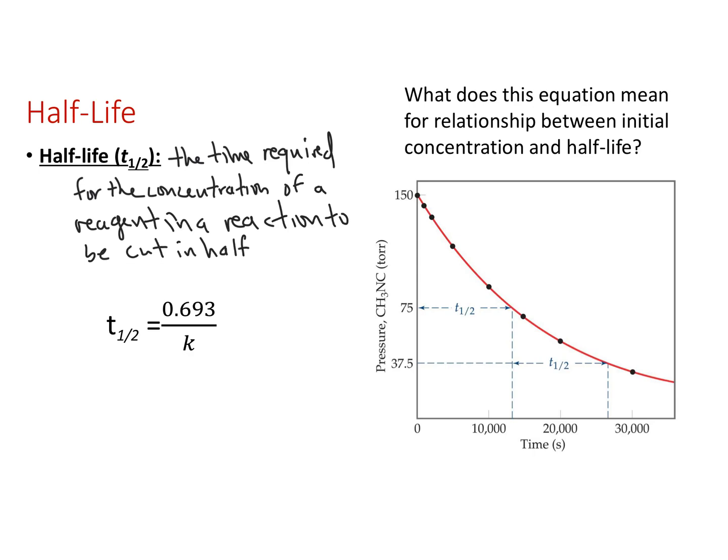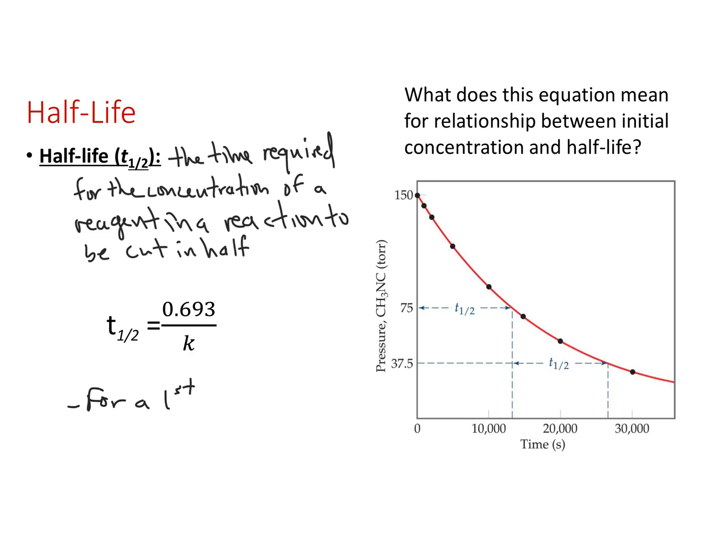And the equation for half-life is T1/2, that's my half-life, equals 0.693 over K, my rate constant. So as you can see, there is no concentration in this equation. So that means that there is no relationship between concentration and half-life for a first-order reaction.